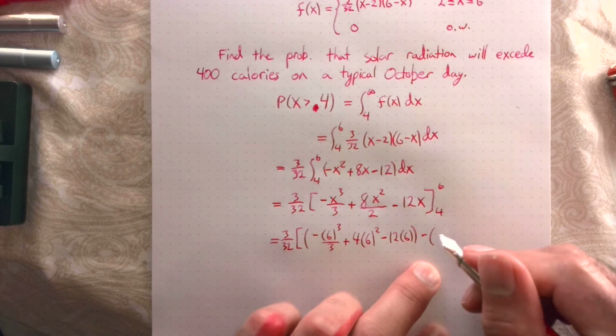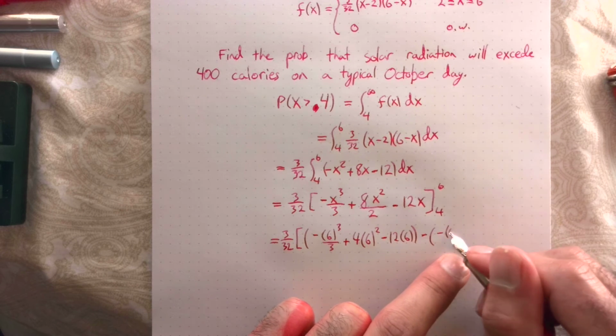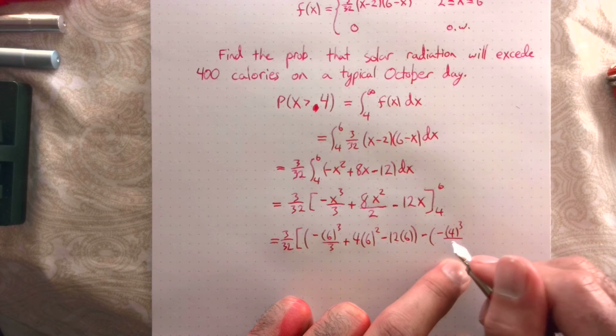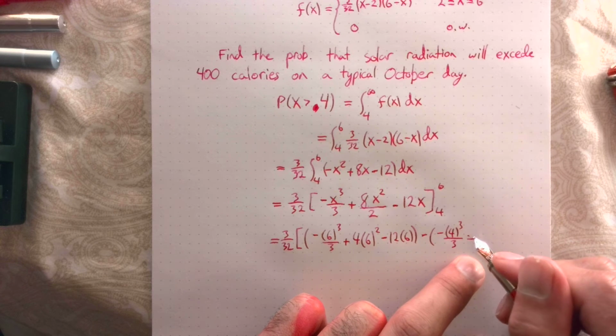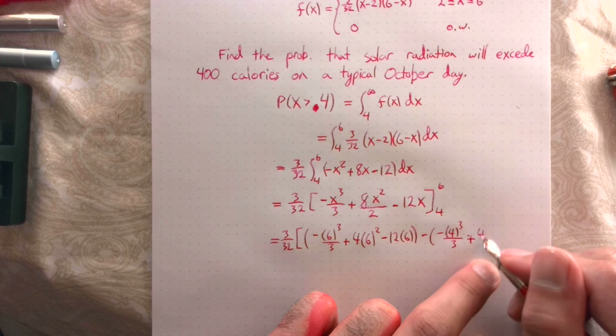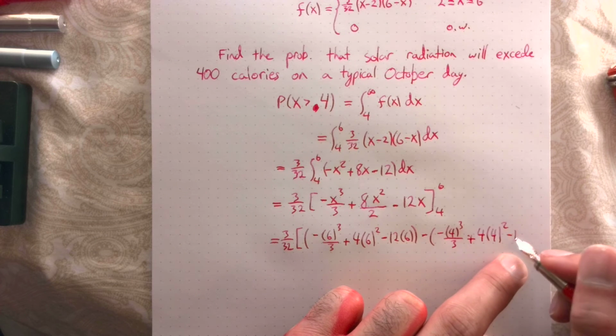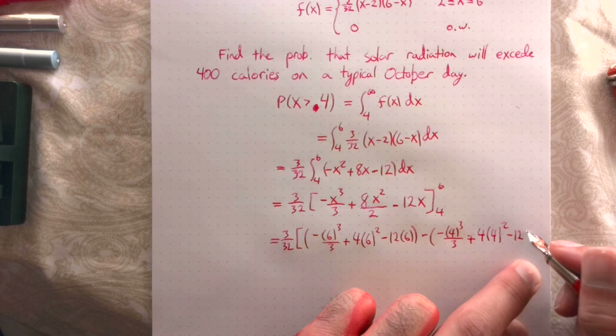And this is going to be minus, now we plug in 4. So this is minus 4 cubed over 3 plus 4 times 4 squared minus 12 times 4.